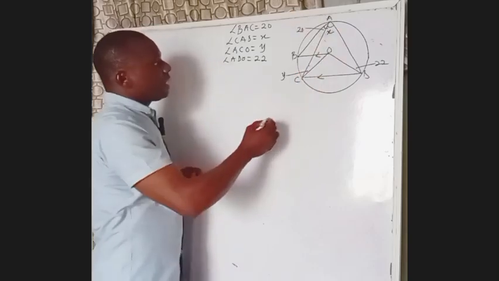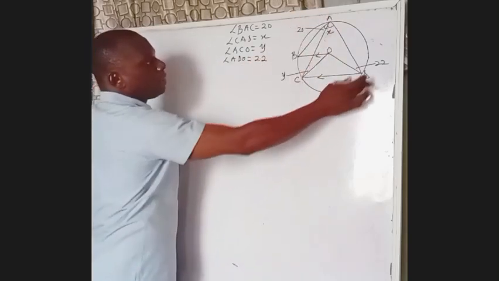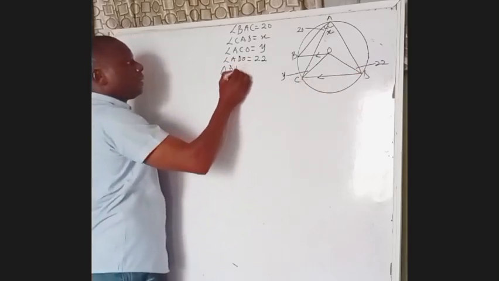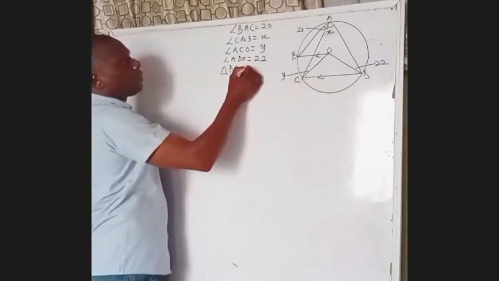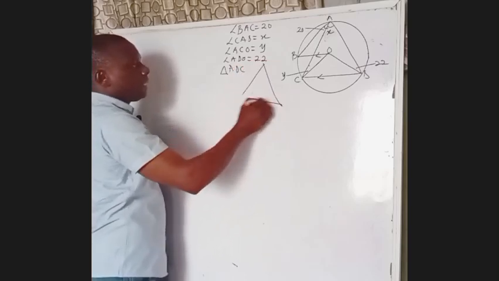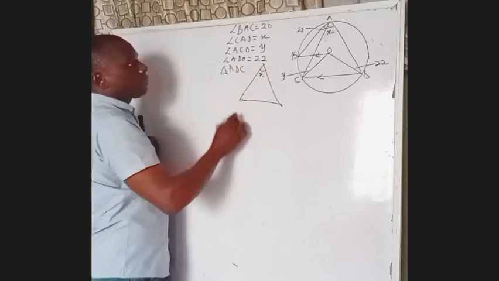So now let's assume we are looking at triangle ADC, which comprises x.